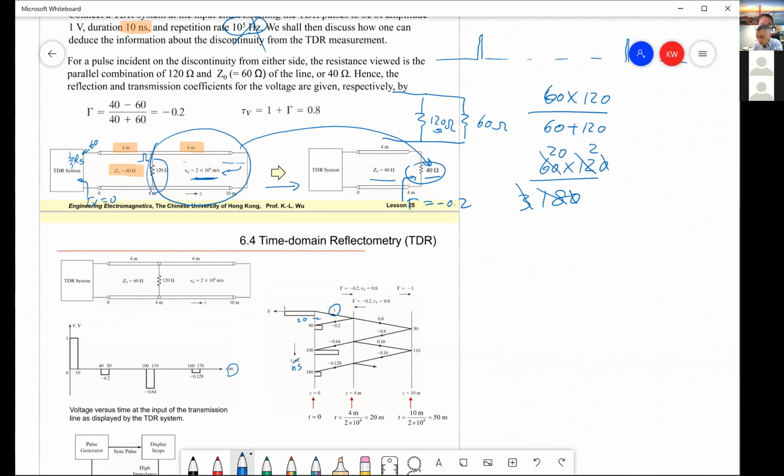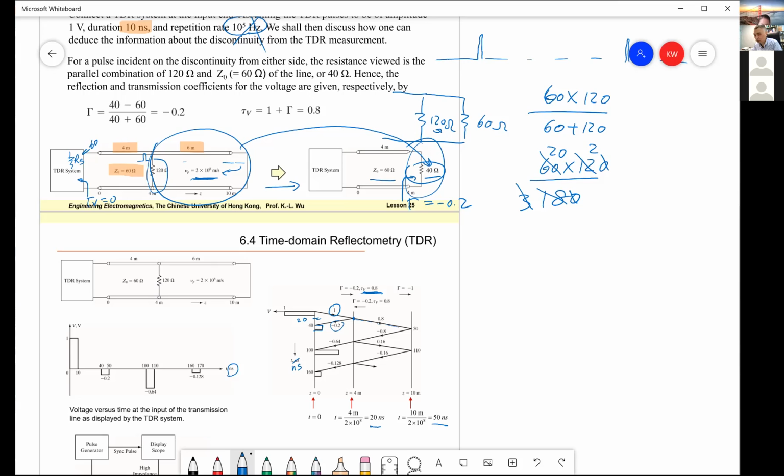So after the first 20 nanosecond, it reaches our load. Then we have a reflection coefficient of minus 0.2. We have that much energy reflected and lost that much duration. There are some waves transmitted.